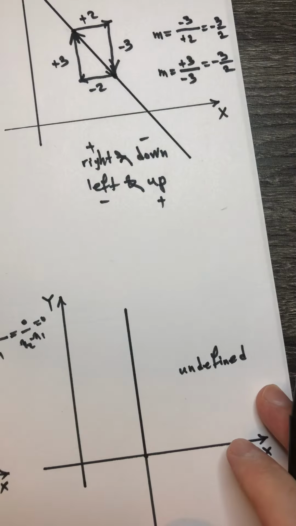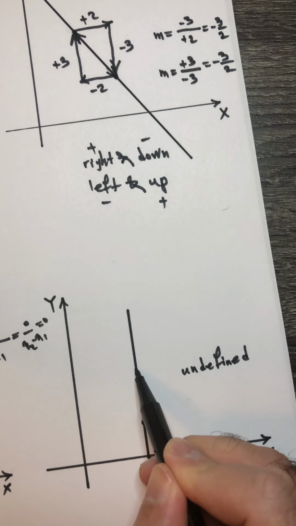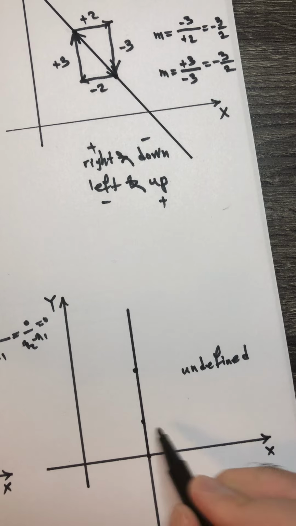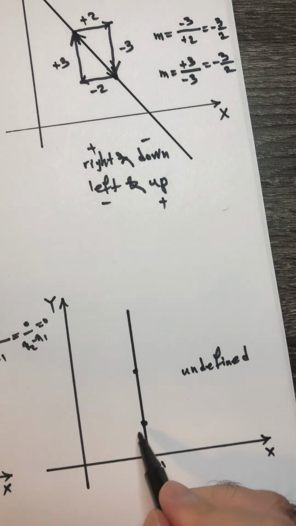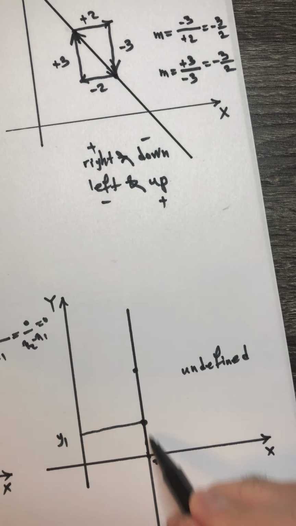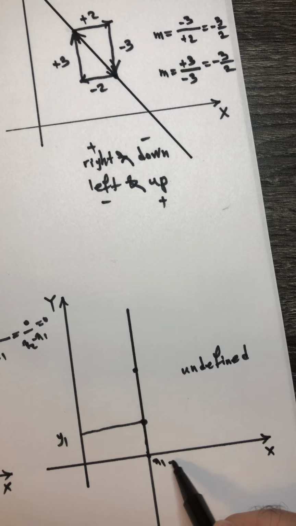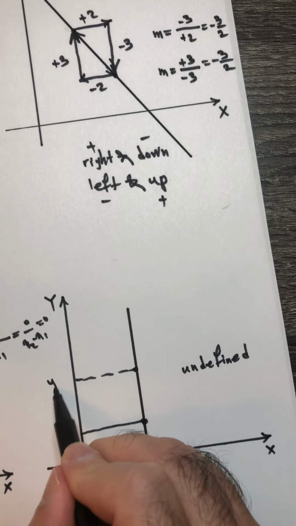And for this example, if we consider 2 points on this line, the x-coordinate for this point is x1 and the y-coordinate is y1, and the x-coordinate for this one is x2, which is equal to x1, and the y-coordinate is y2.